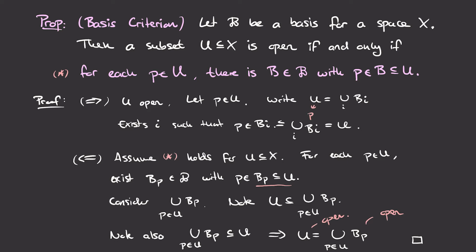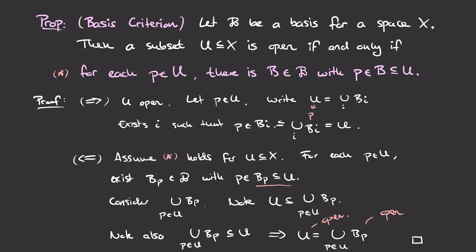Before moving on, I'd just like to stress how useful this proposition is in practice. It's telling us that if we want to find out whether some subset U of X is open, the only thing we need to check is this condition. So we take some arbitrary point in U, and now we just need to find a basis element that contains that point and is entirely contained within U. In general, when we work with bases, the sets in the basis will have a relatively simple description.